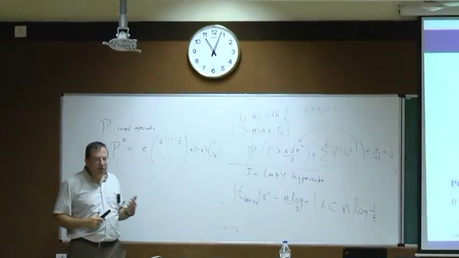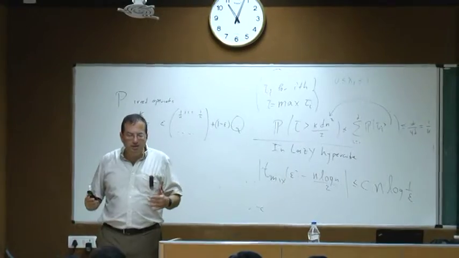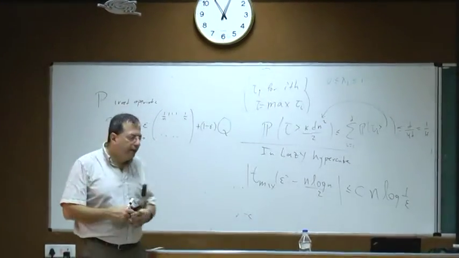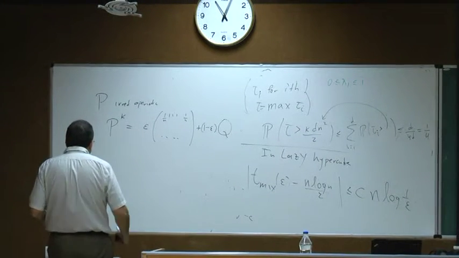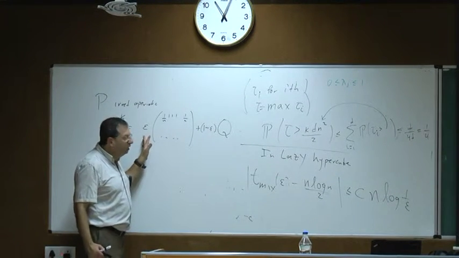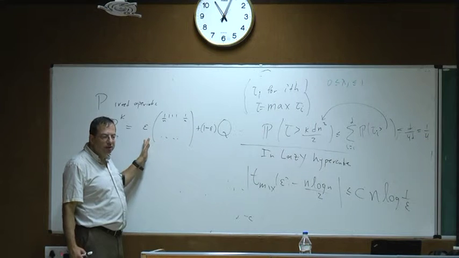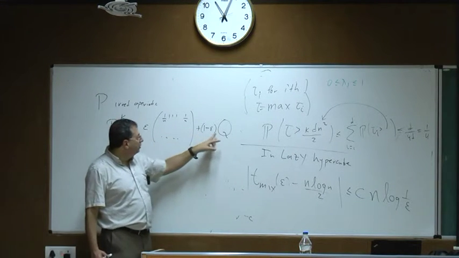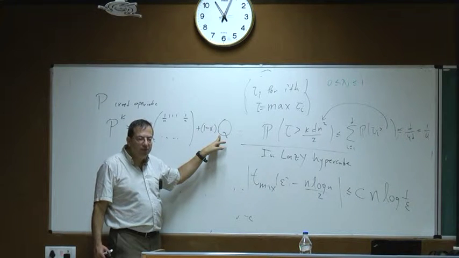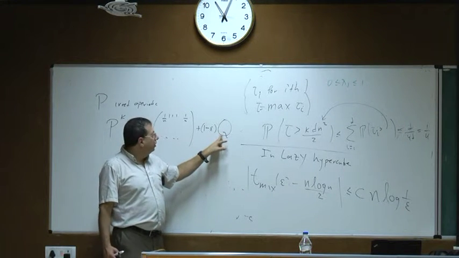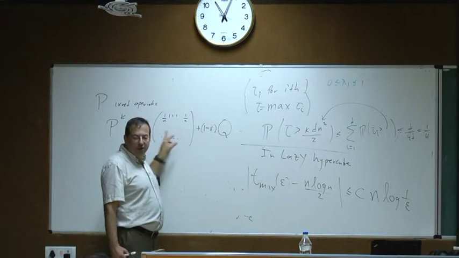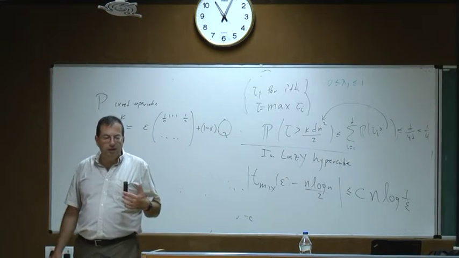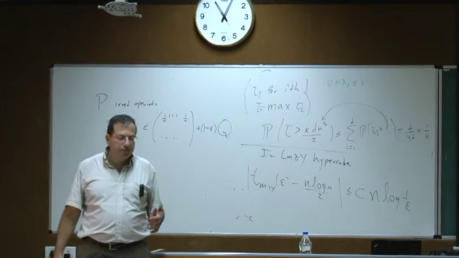Any irreducible aperiodic chain has some power of the matrix which is positive everywhere. So call its minimal element epsilon over n. Then I can write P to the K as epsilon times this plus 1 minus epsilon times some other non-negative matrix Q. Q is defined by this formula, but it's also going to be a stochastic matrix.